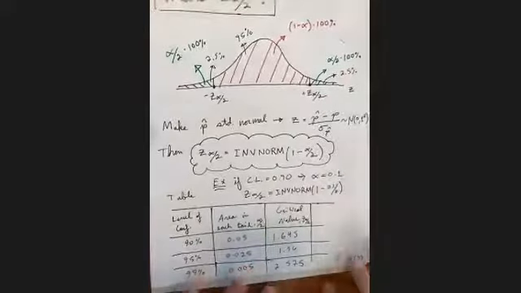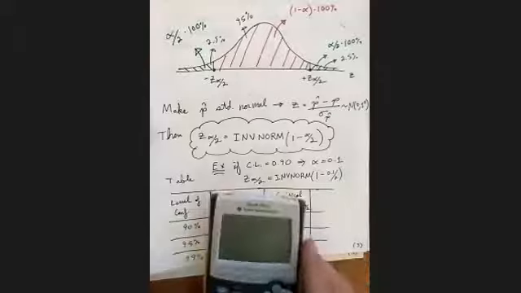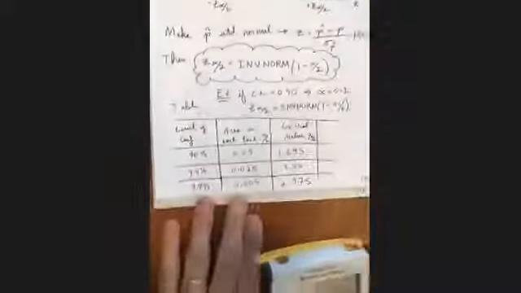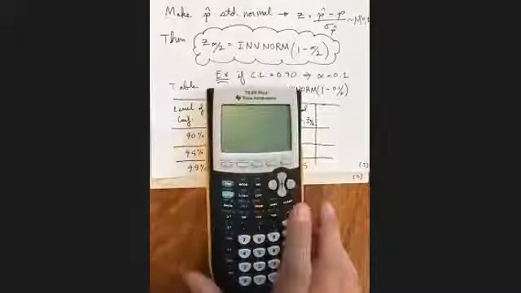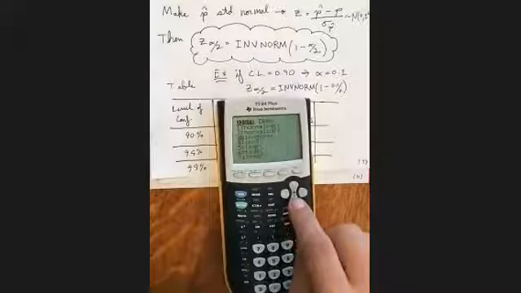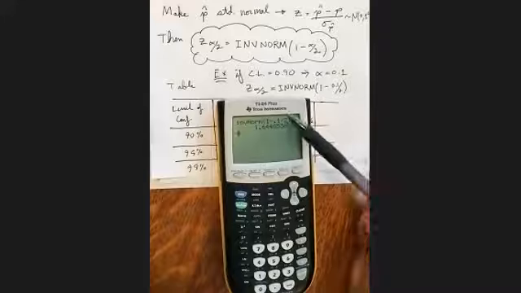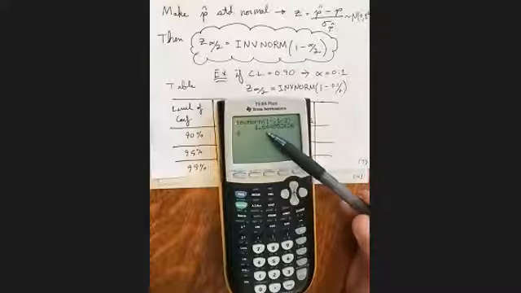All right, getting a little glitchy here, sorry. So if you put that into your calculator, second vars, inverse norm, 1 minus 0.1 divided by 2, then that would give you a Z alpha over 2 value of 1.645.